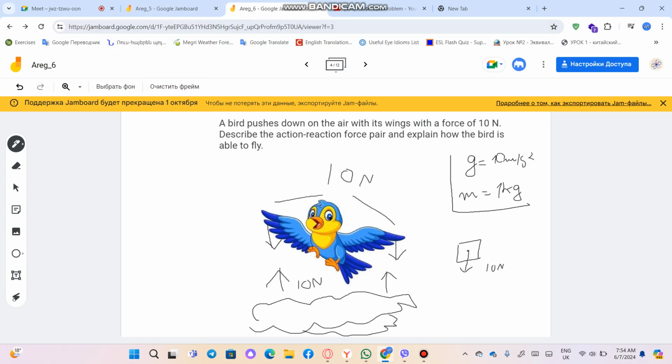Can you ask that again? So the air exerts a force on the bird, right? Yes. How much is it? The 10 newtons. Can you show it on the rectangle? Sure. So it's like this.